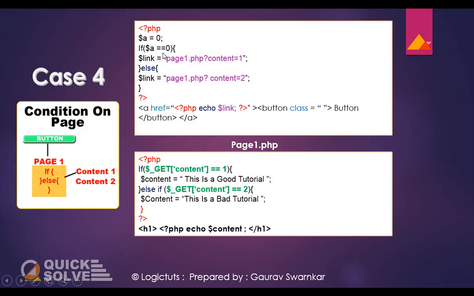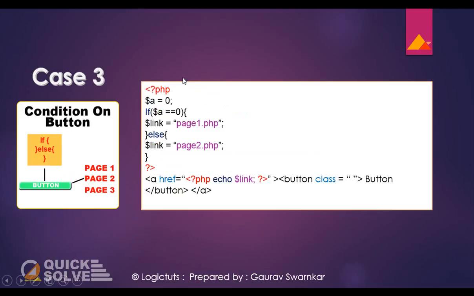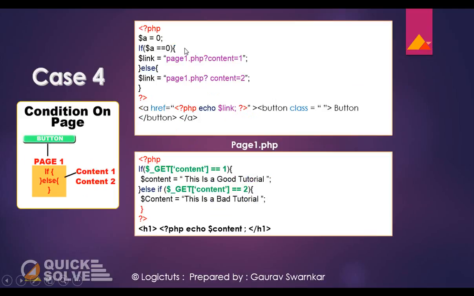If $a is equal to 0, then the link will be page1.php?content=1, and similarly if false, then page1.php?content=2. Here the pages are the same, whereas in our last case the pages were different. Here the page is the same, page1.php, but the content value, the variable we are sending, is different.